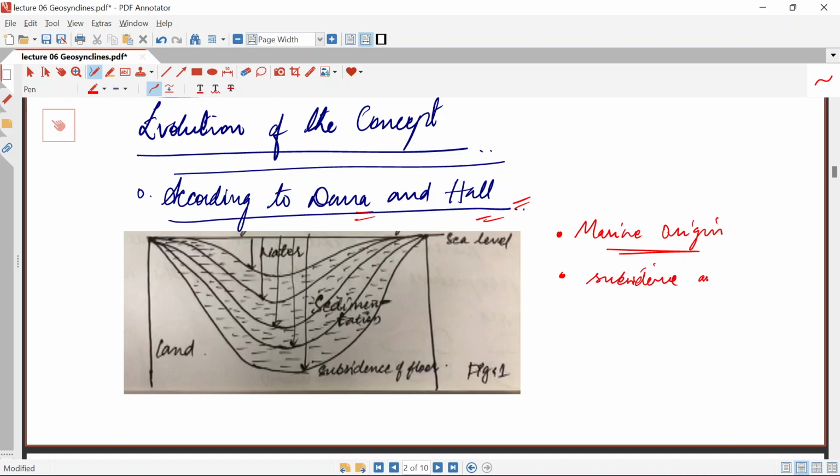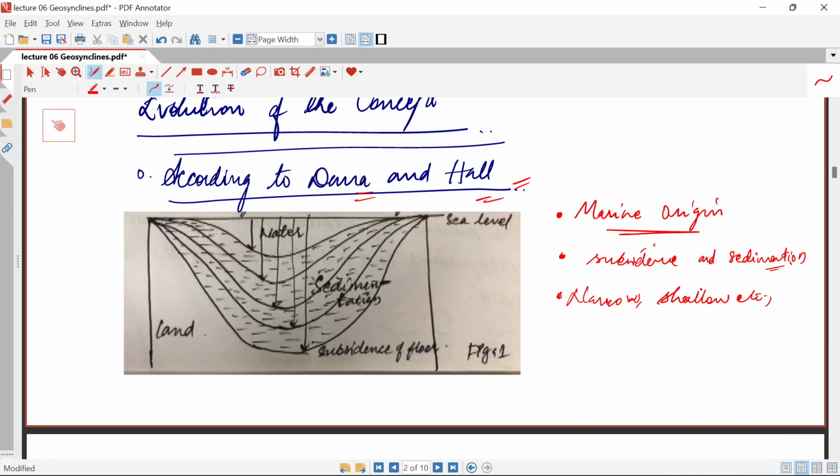Subsidence and sedimentation. So this is what they said. It takes place regularly, and they have said that the geosyncline, as we have discussed earlier, is narrow, shallow, etc. This is what was actually said by Dana.